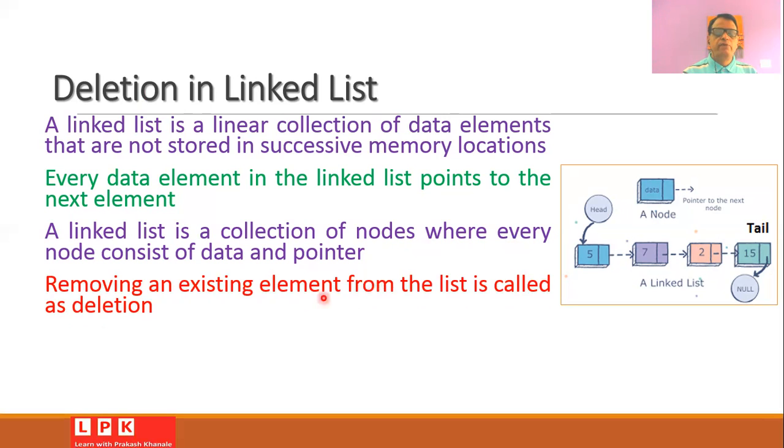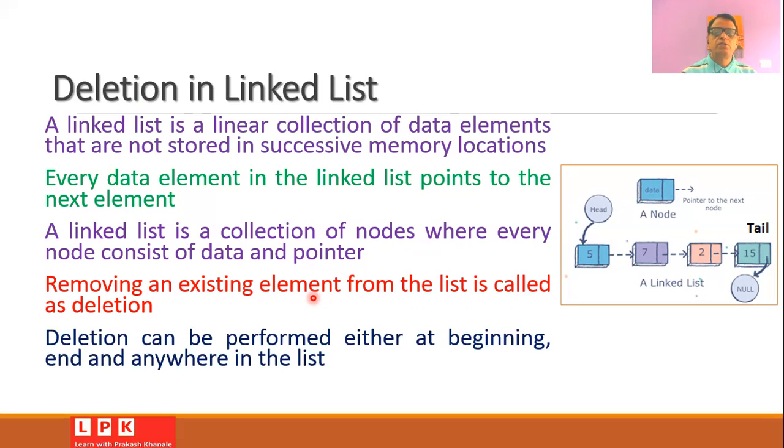Now, many times when we create the list, we need to update it, that is, we need to remove certain elements from the list. Whenever we remove elements from the list, that is called a deletion operation.